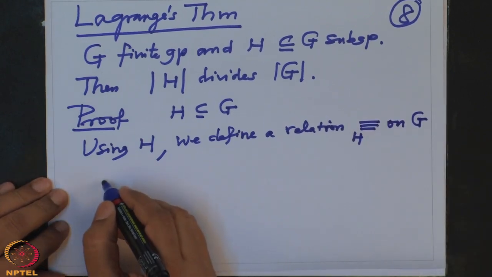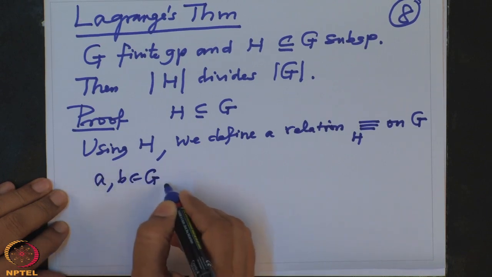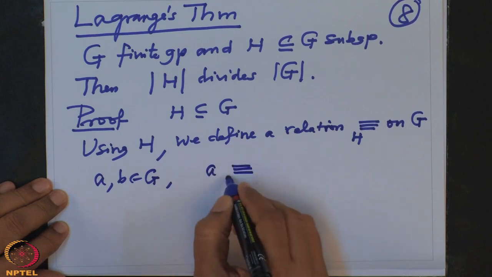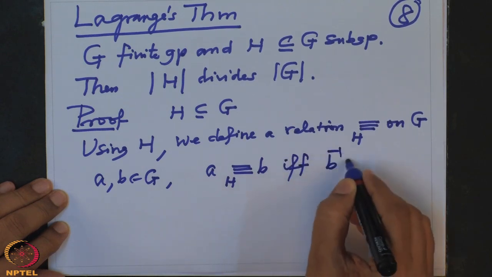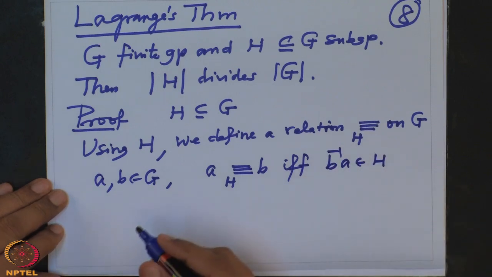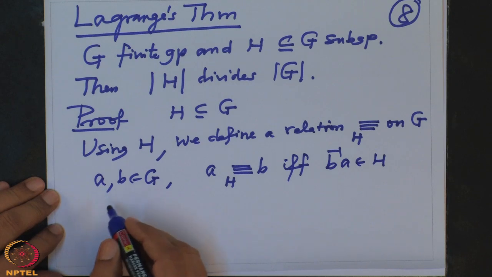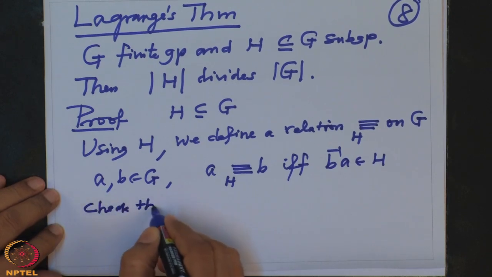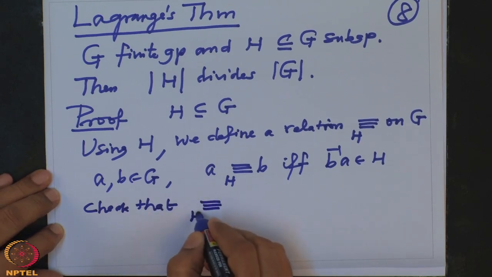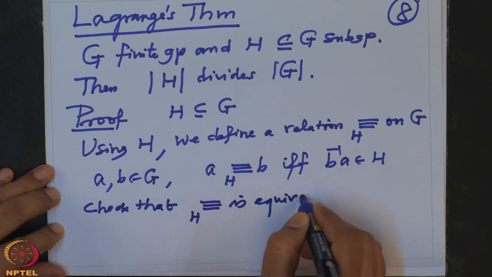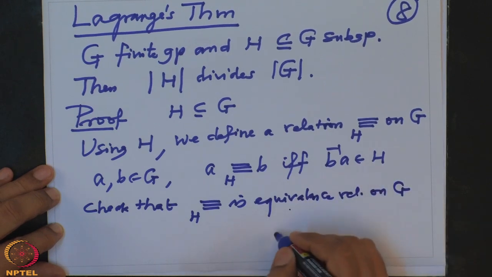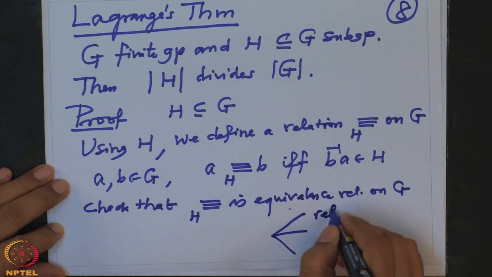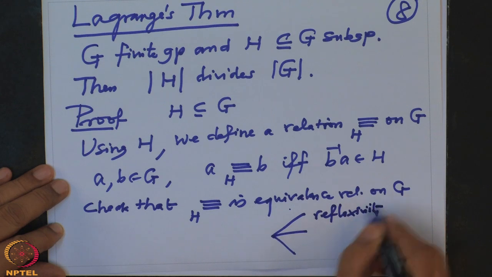Suppose I have two elements A and B in G, then I will say that A and B are related if and only if, this is a definition, B inverse A belongs to H. Now, one easily verifies that this is an equivalence relation on G. Equivalence relation means you have to check three things, namely reflexivity, transitivity and symmetry.